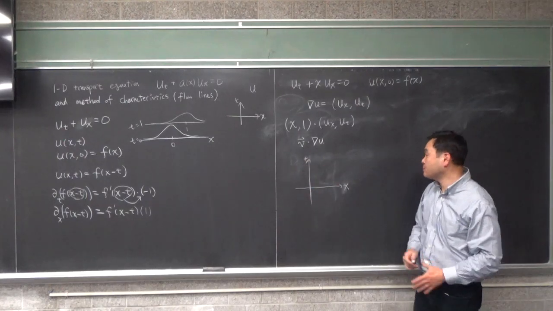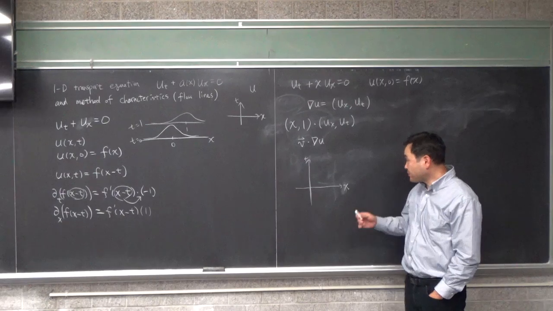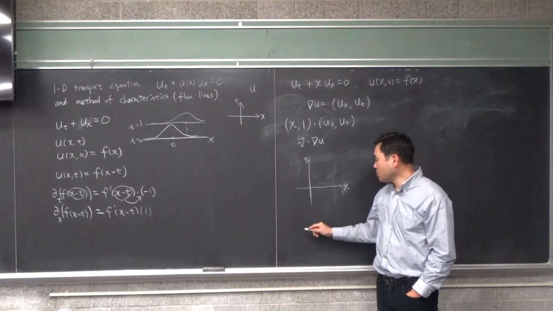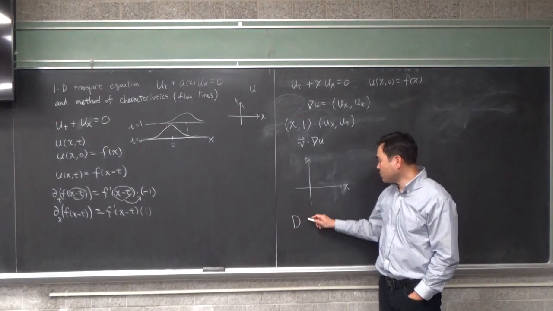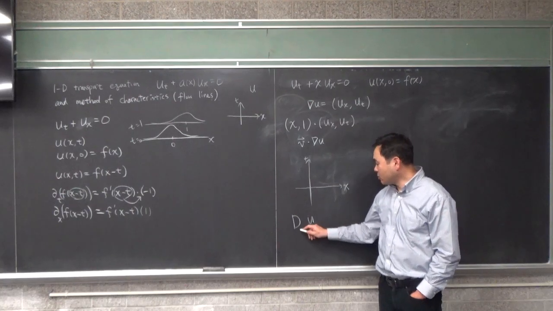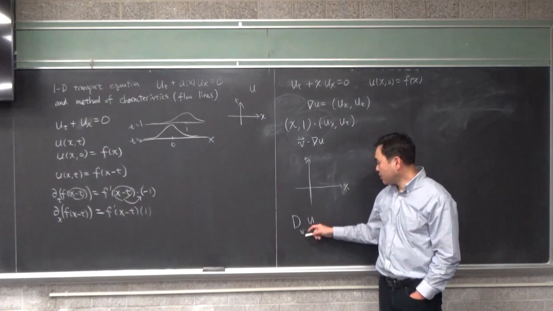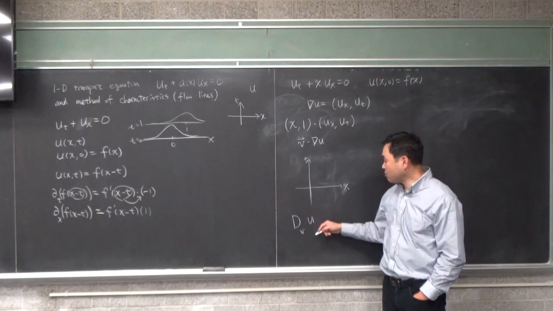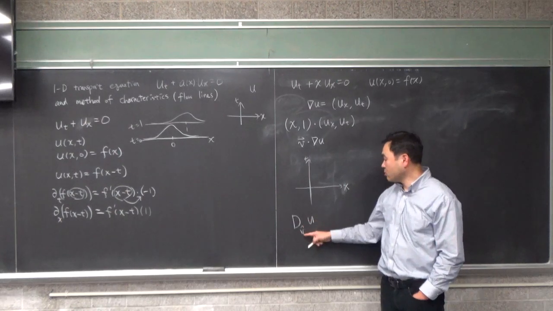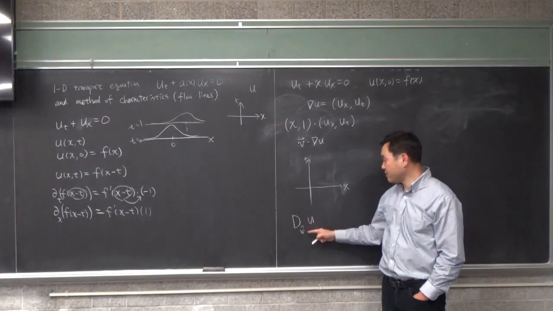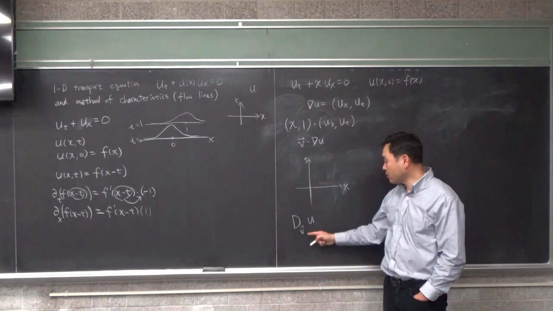It's a 3D thing. And you can think of something called the directional derivative, which is you take u and differentiate. You want to find the rate of change of u going in a certain direction v hat. This hat means it's a unit vector.